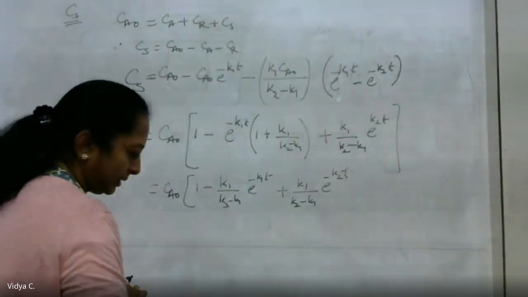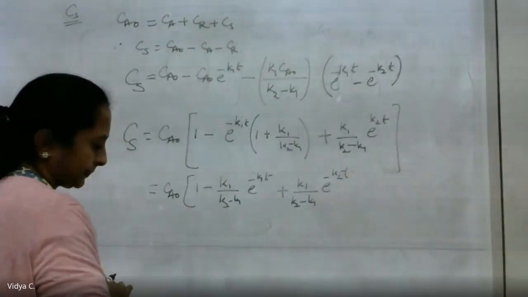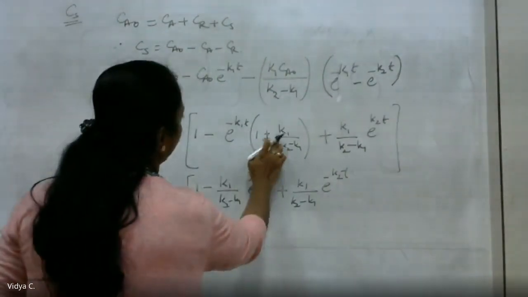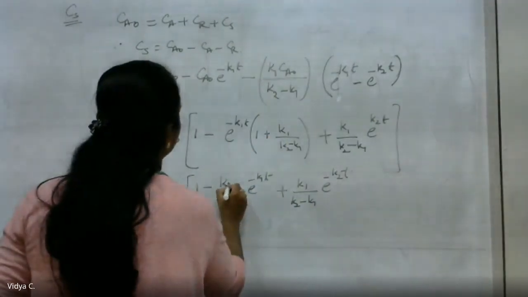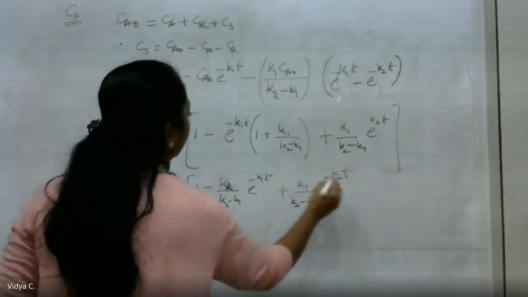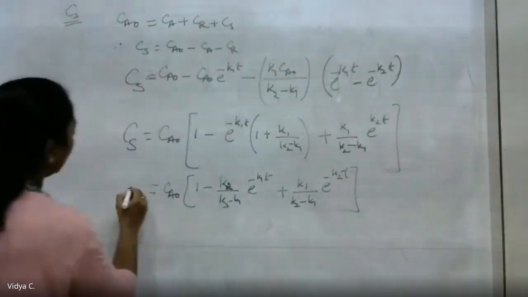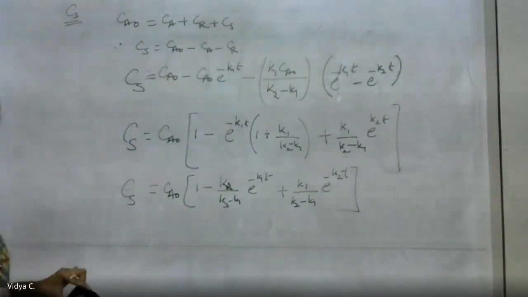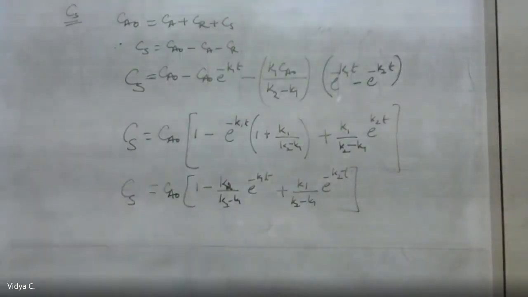What is CR? K1 gets cancelled. This is K2. So this will be CS. Okay, this is called CS.